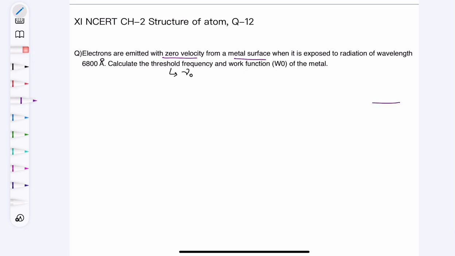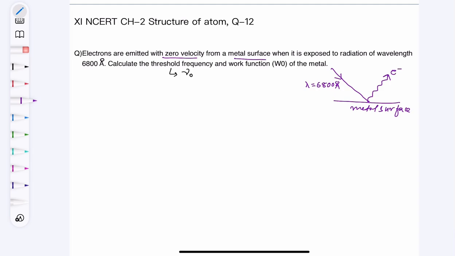Fine. So now let us consider a metal surface. You can consider, just for understanding, this is your metal surface on which radiation of wavelength 6800 angstrom is falling. When this radiation strikes the metal surface, we have studied in the photoelectric effect that electrons are emitted.